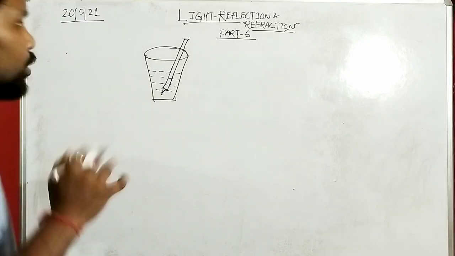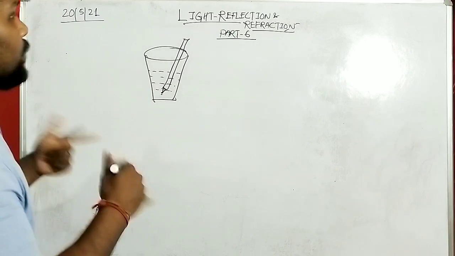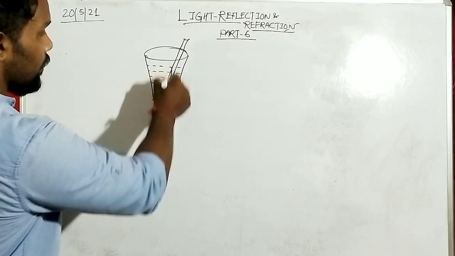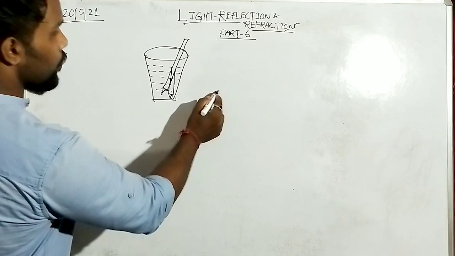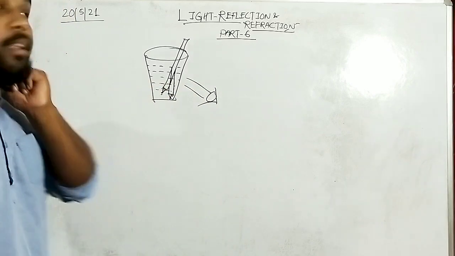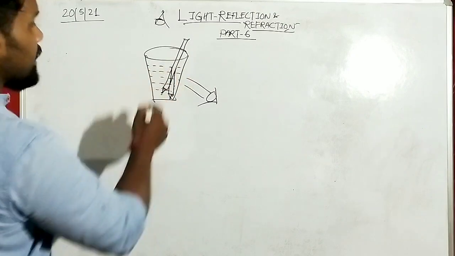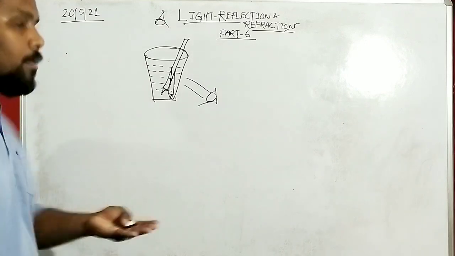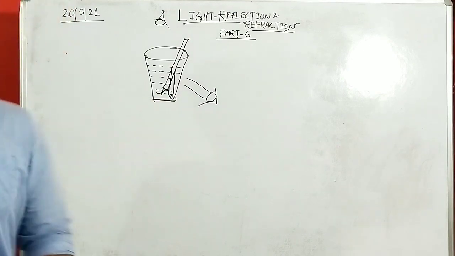Have you ever noticed that when you put a pencil inside a glass filled with water, the part of the pencil under the water looks a bit bent? If you look from here, it will look somehow like this. But if you look from here, the pencil surface has become a little bit upward, that is, the surface looks like here compared to here.